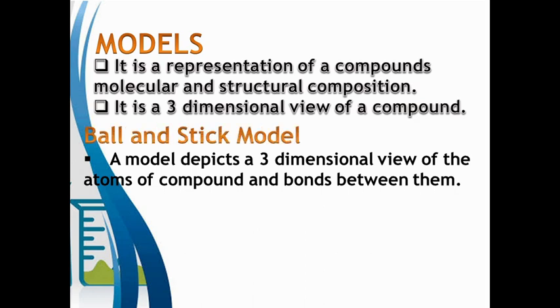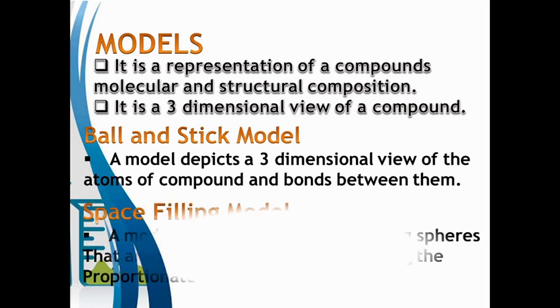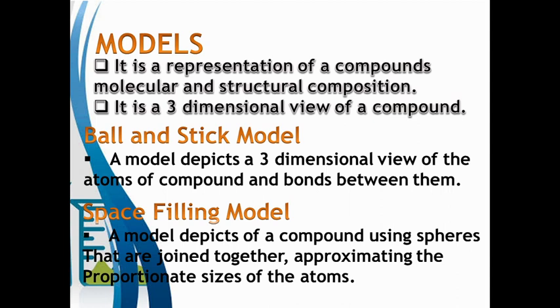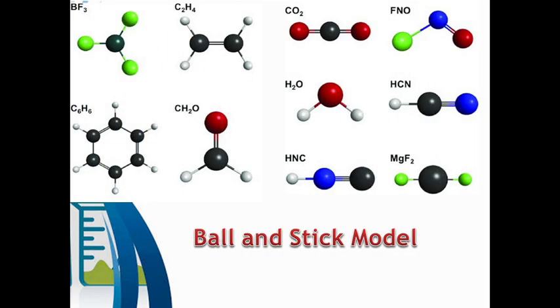The ball and stick model is a model that depicts a three-dimensional view of the atoms of a compound and bonds between them. The next is the space filling model. It depicts a compound using spheres that are joined together, approximating the proportionate sizes of the atoms. So here is the example of the ball and stick model.